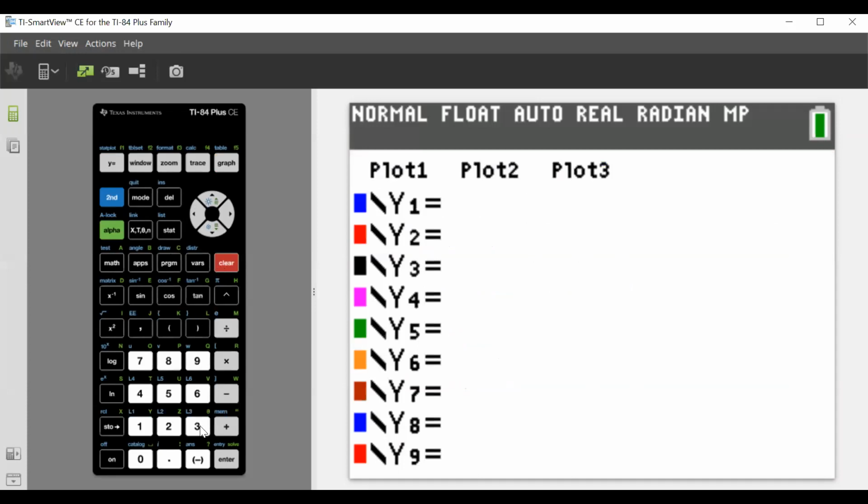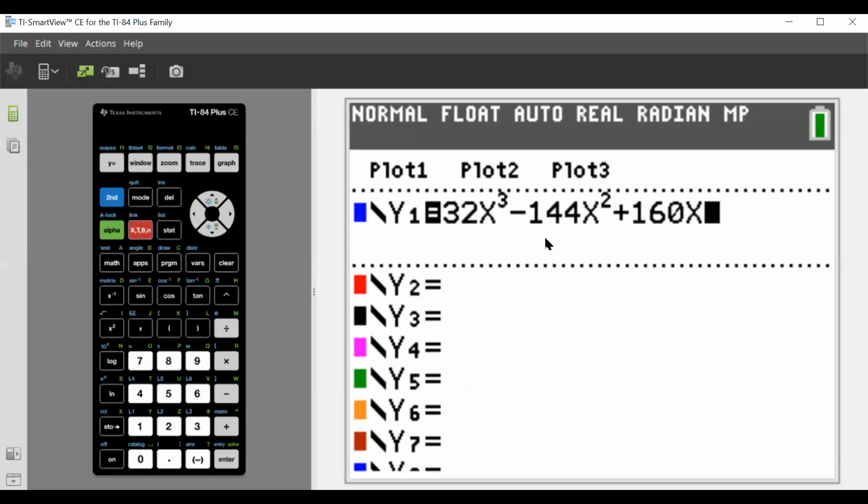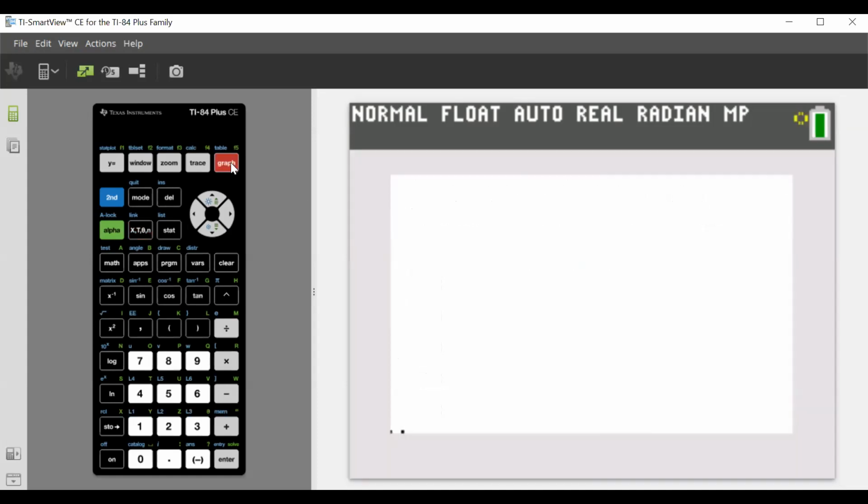We had 32x to the third, minus 144x to the second, plus 160x. That's going to be our equation, and we graph that.